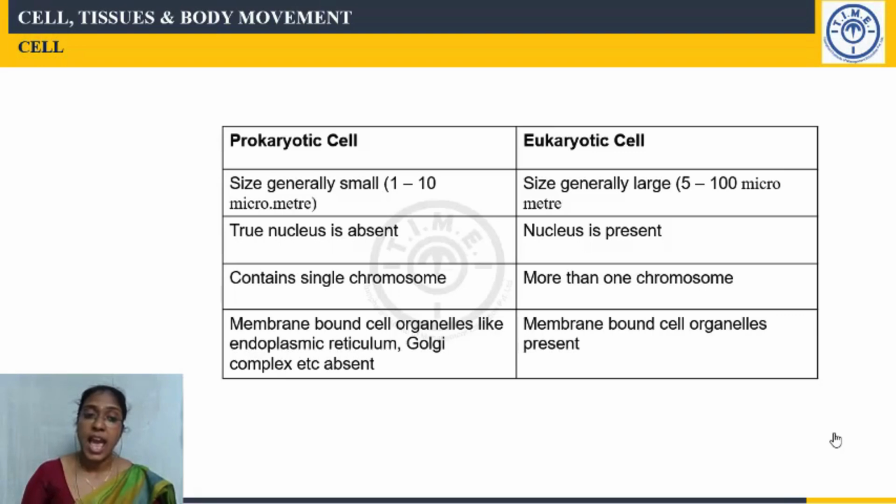Prokaryotic cells contain a single chromosome, and eukaryotic cells have more than one chromosome. Membrane-bound cell organelles like endoplasmic reticulum, Golgi complex, etc. are absent in prokaryotic cells, and are present in eukaryotic cells. So these are the differences and they are very important.